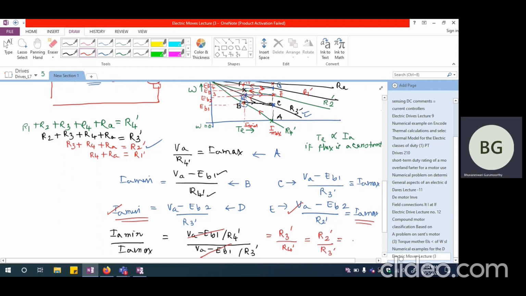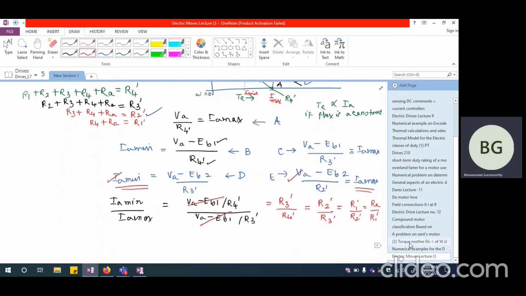Similarly, I should be able to write this as R1 dash divided by R2 dash. And finally, it should have RA divided by R1 dash. So these are the expressions that I will have.